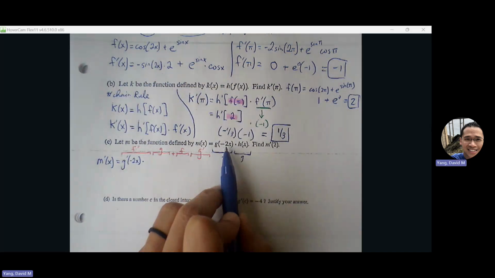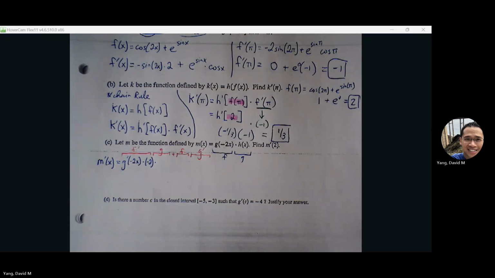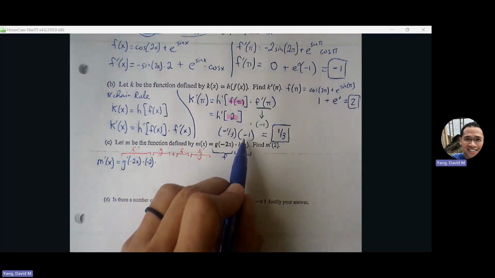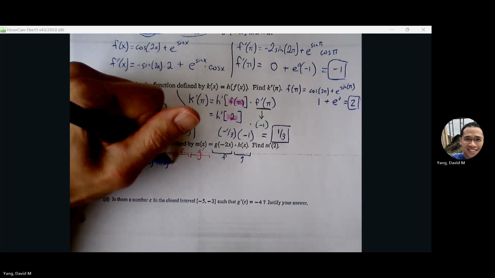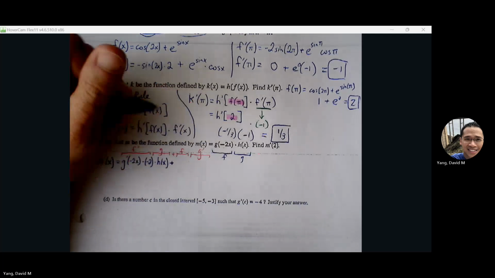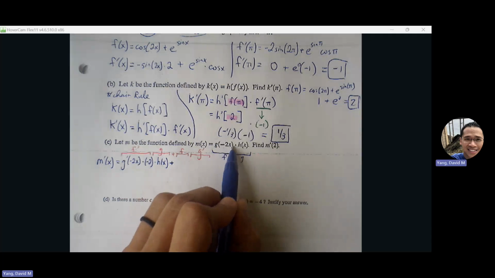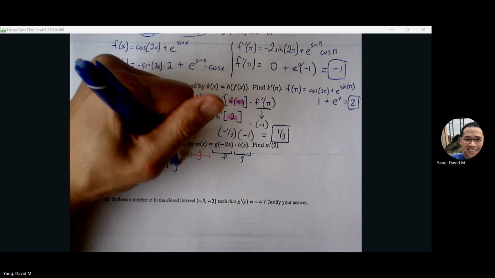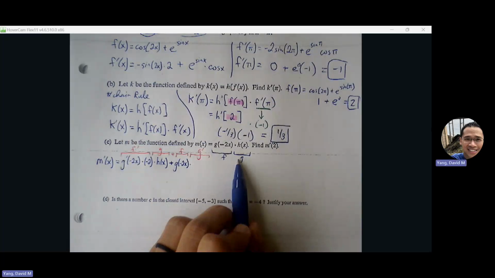Negative 2x becomes what? Negative 2. Okay. Times h, which is the original second expression. Back to f, which is my original. And then g prime.